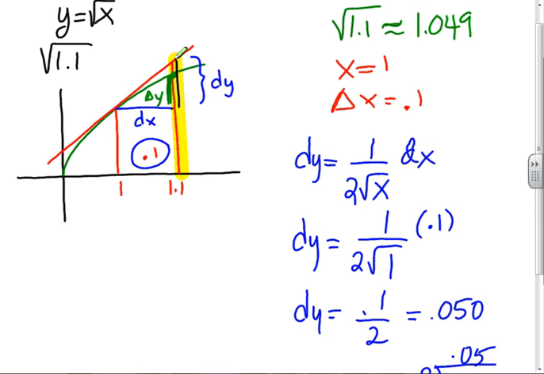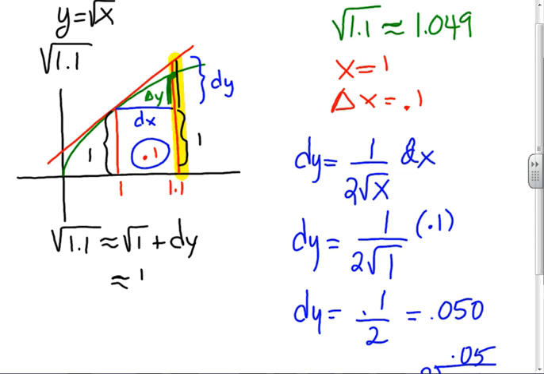Well, I know this height. What's this height? 1. So the square root of 1.1 is approximately equal to the square root of 1, which is 1, plus dy. So that's approximately equal to 1.05. We took our calculator.